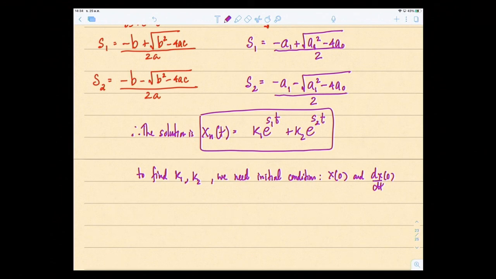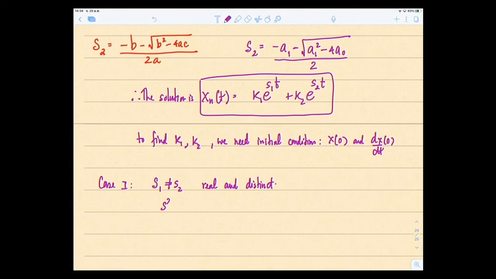Okay, so case one, the first case, is when your s1 is not equal to s2. They are real and they are different values, distinct. So for example, if we have s squared plus 10s plus 16 equal to 0 as your characteristic equation, what are your roots?